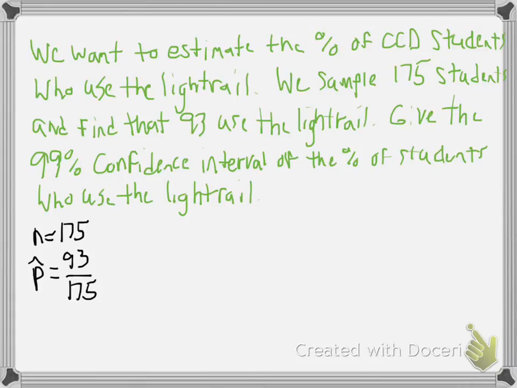Calculate that, 93 divided by 175, and I'll round this to 4 digits: 0.5314.